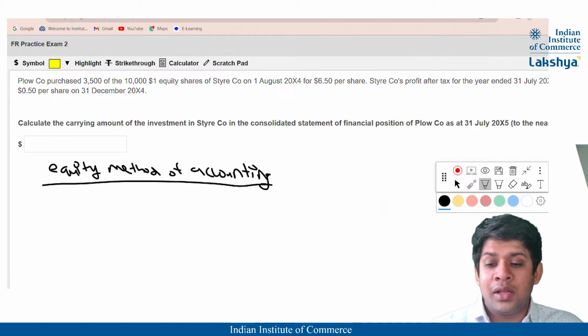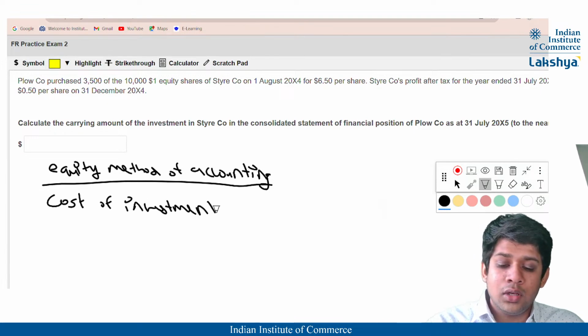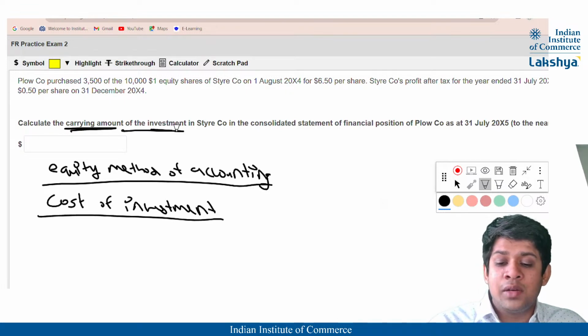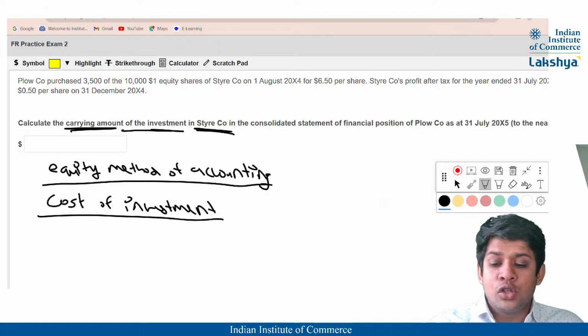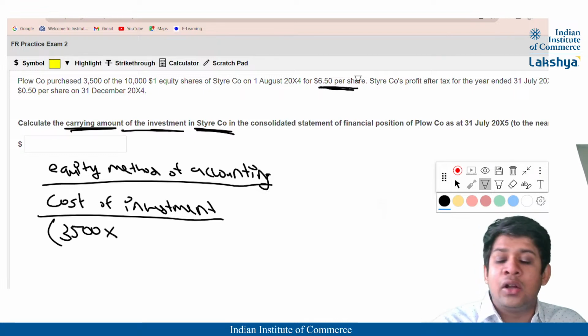As per the equity method of accounting, firstly we have to determine the cost of investment, because I want to recognize the carrying amount of my investment in Steyr company. I purchased 3,500 shares and each share had a value of $6.5.